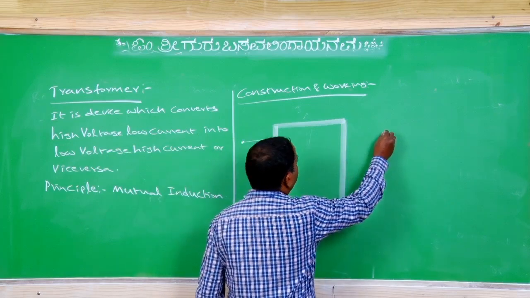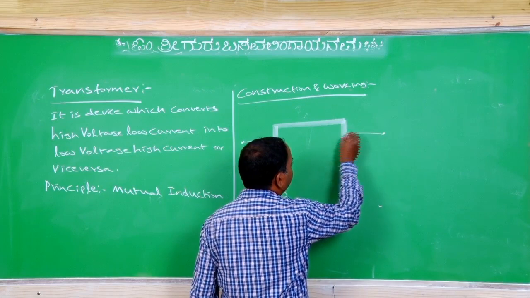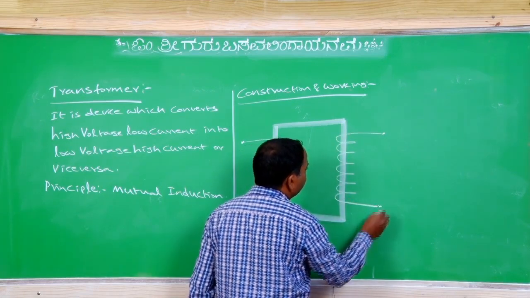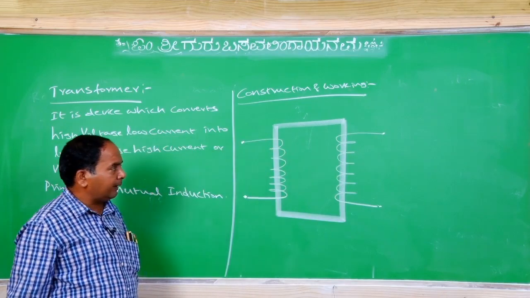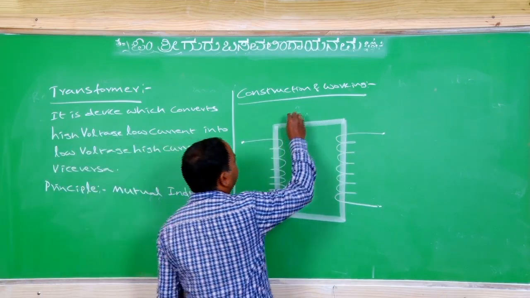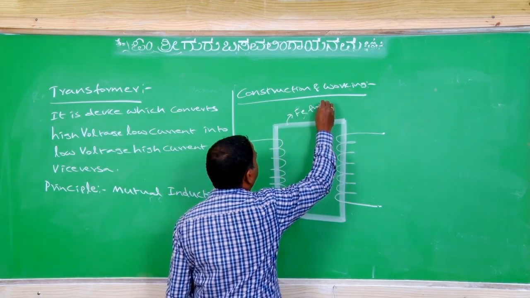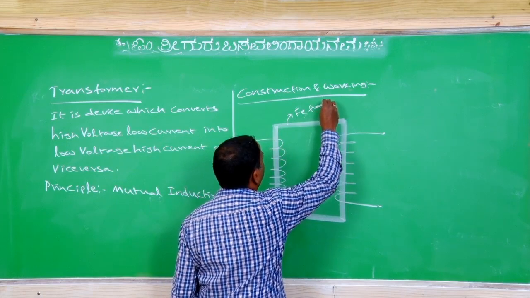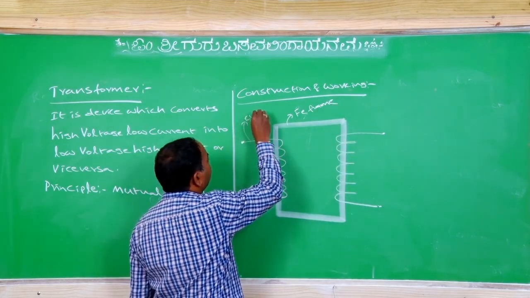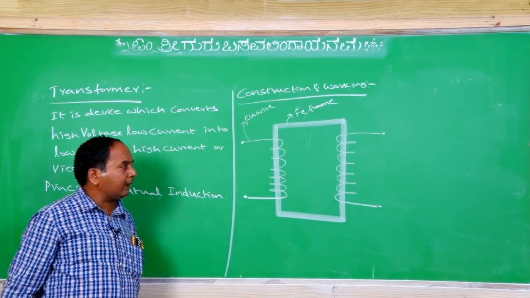And exactly on the opposite side of this rectangular frame, a copper wire is also wound between any two points. Here this frame is an iron frame, that means it is made with soft iron, and the coils have copper wire.